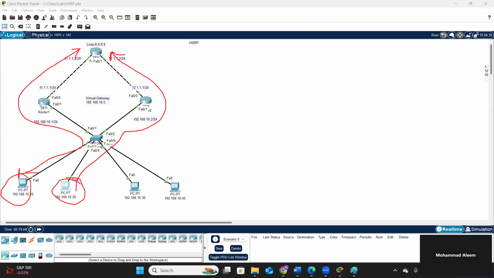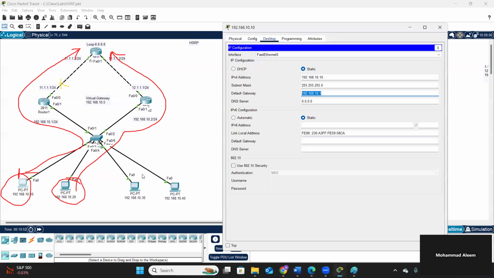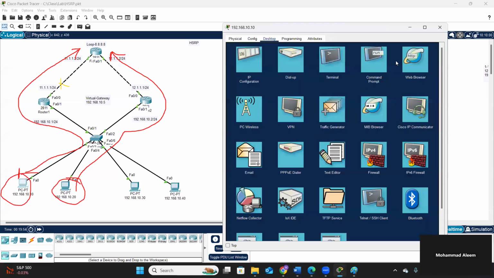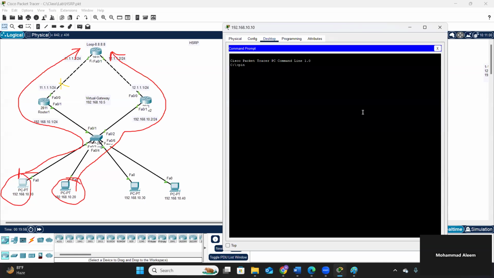Otherwise a CPU or power issue came, so this router is gone. If he tries to communicate to the internet, now everything is working fine. If you want to ping, yes, you can ping continuously, ping -t 8.8.8.8. If he tries to ping Google, yes, he is able to ping.